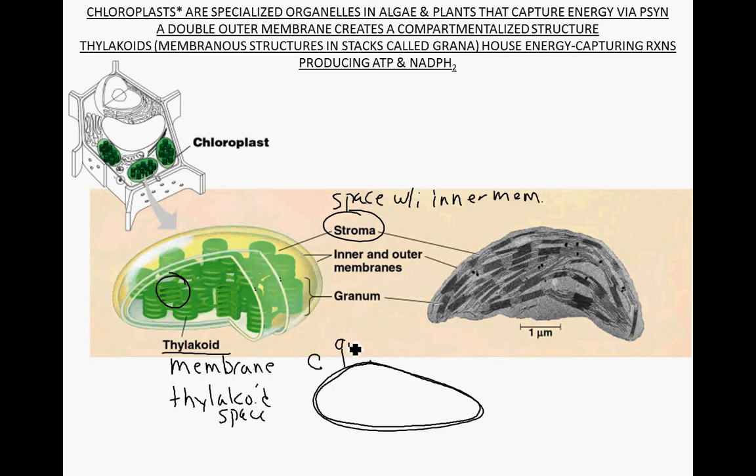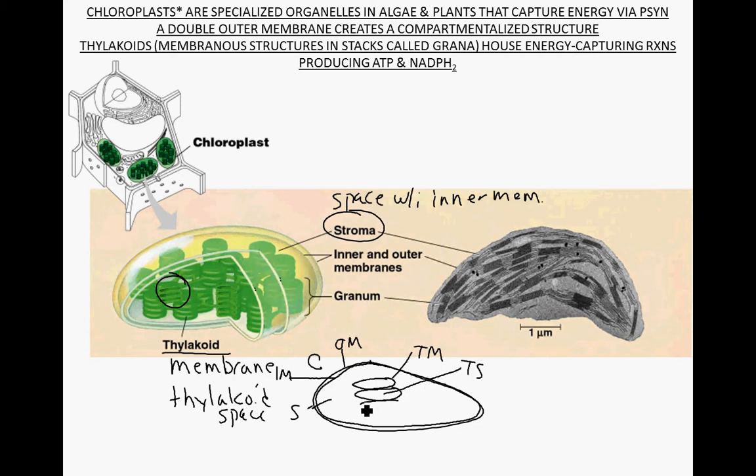So there's an outer membrane and an inner membrane. Then you're going to have this space, the stroma. And then you have these sacs or these disks, and they're all stacked together there, where the line I just drew would be the TM, or the thylakoid membrane. And then the space inside there is the thylakoid space.